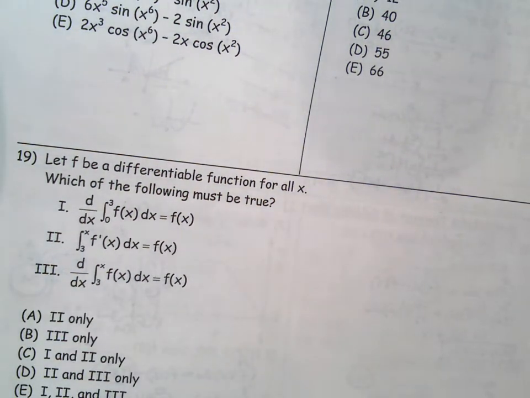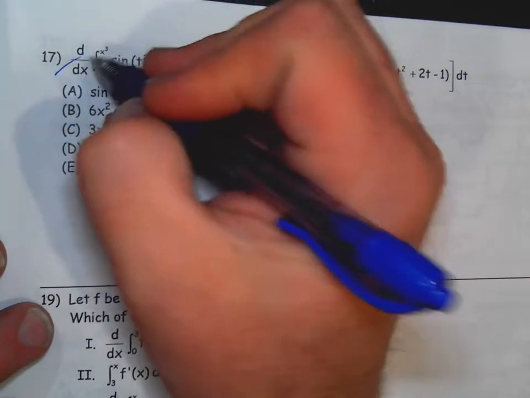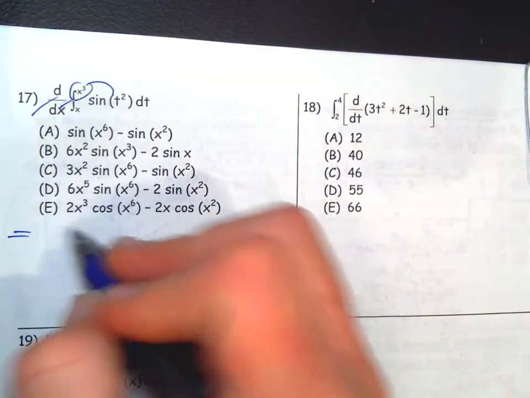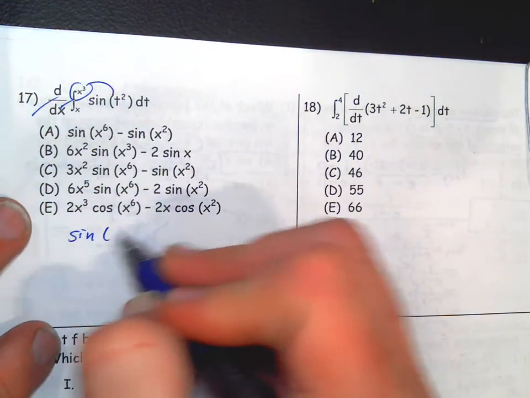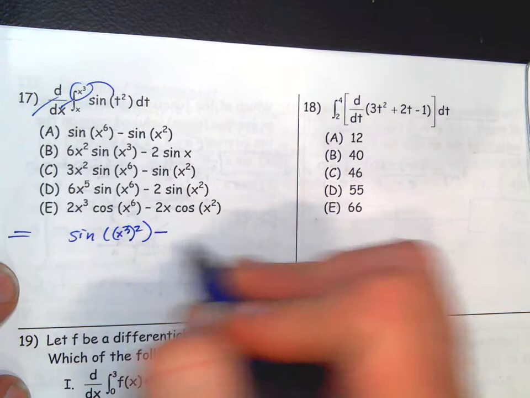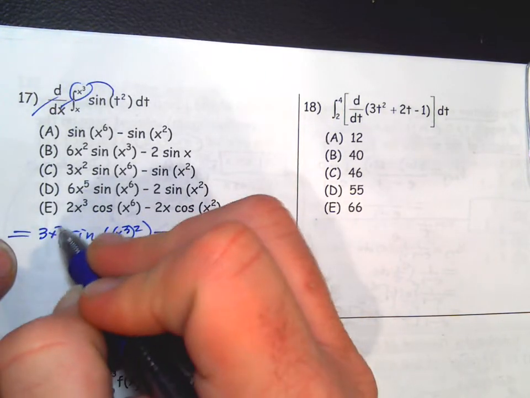Got a couple more. Okay, the derivative undoes the integral, but then you've got to plug the limits in. So we're going to get sine of, and I always like to put these in parentheses first so I don't forget, x cubed to the 6th minus, because that's what we want to take the derivative of. The derivative of x cubed is 3x squared, x to the 6th.